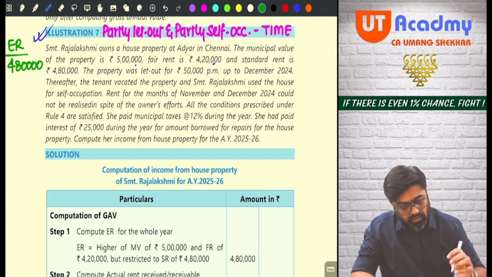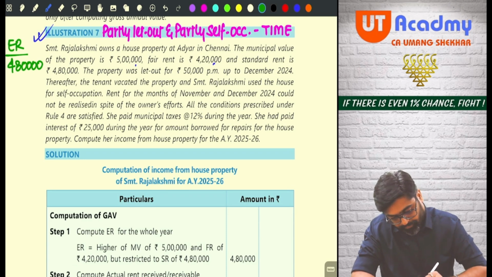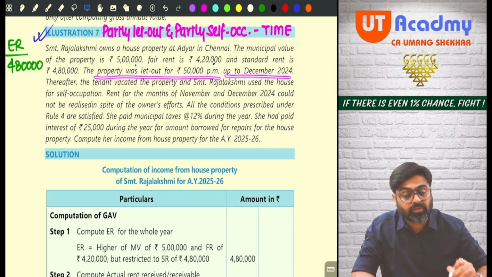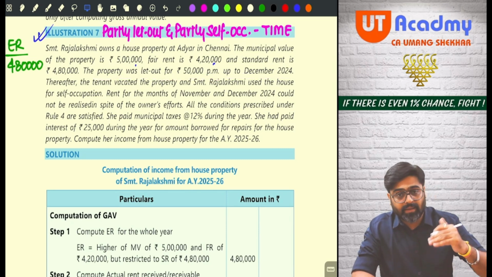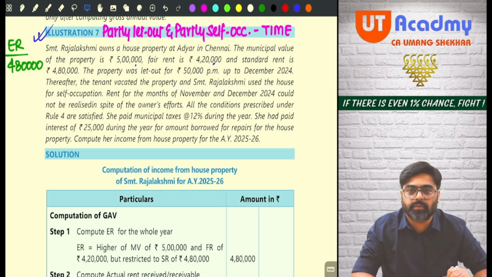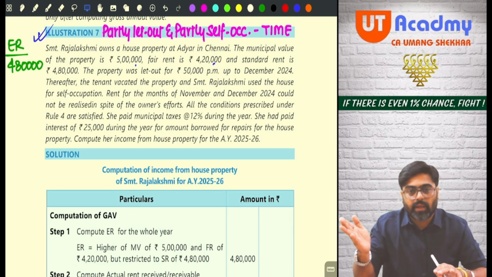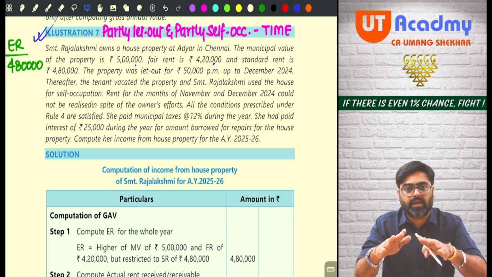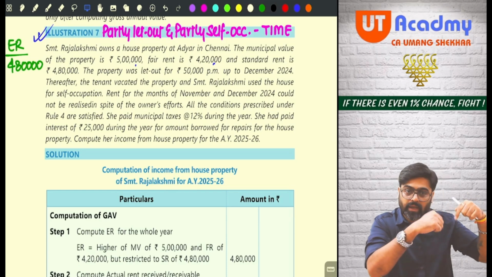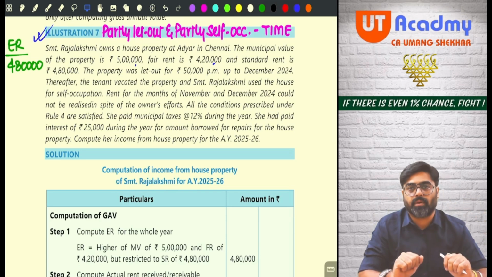What is actual rent of the property? They are saying that the property was let out for 50,000 per month up to December 24, and thereafter, the tenant vacated the property and Srimati Rajlakshmi used the house for self-occupation. Meaning that April to December, the property is let out, and from January till March, the assessee is self-occupying the property.